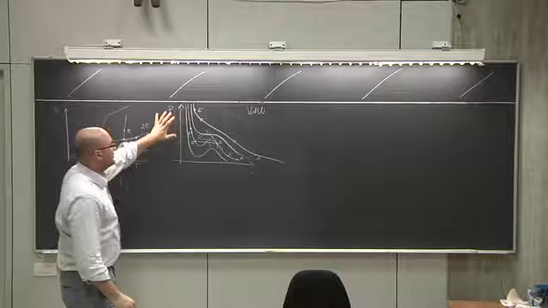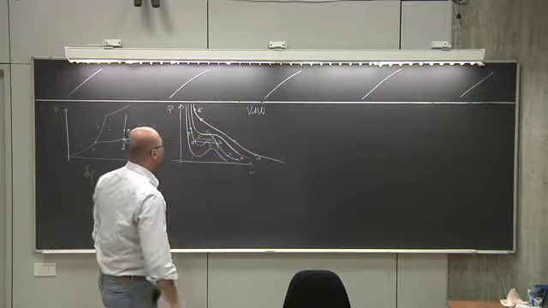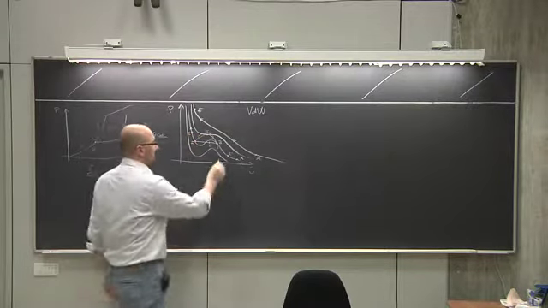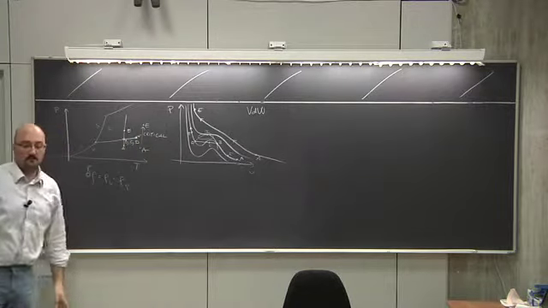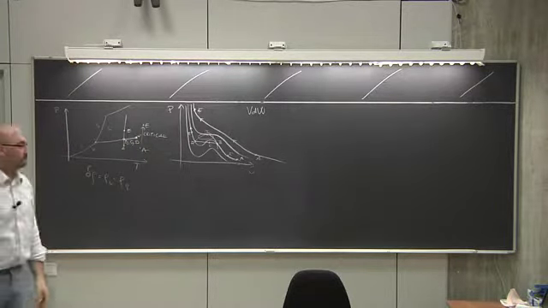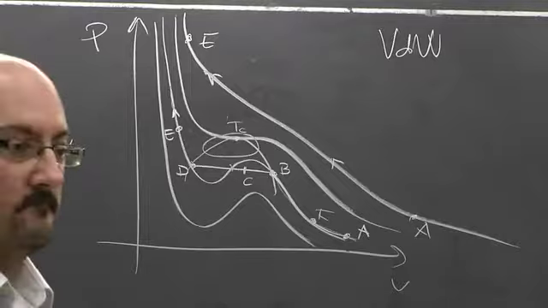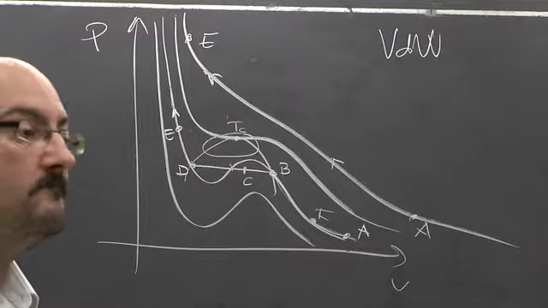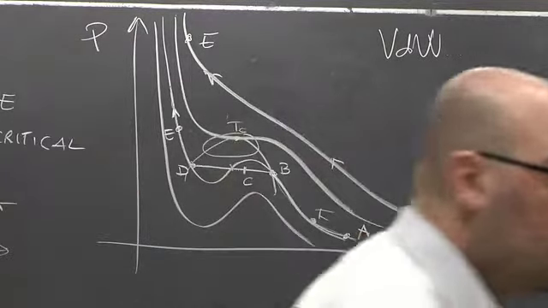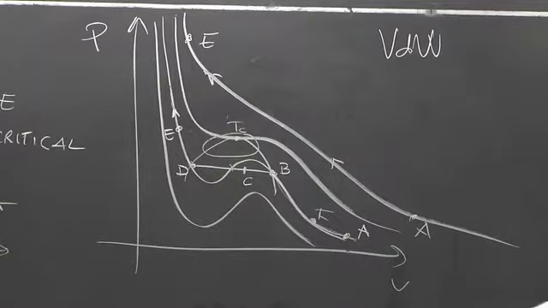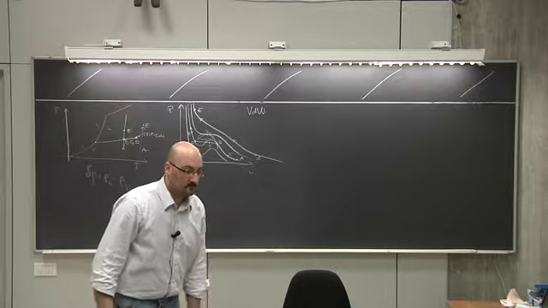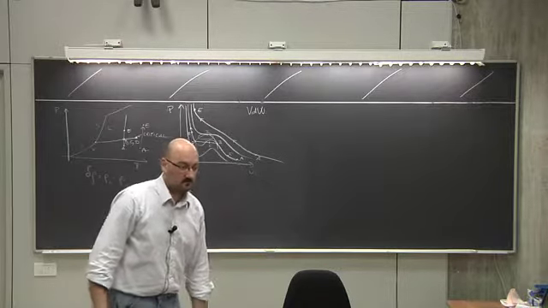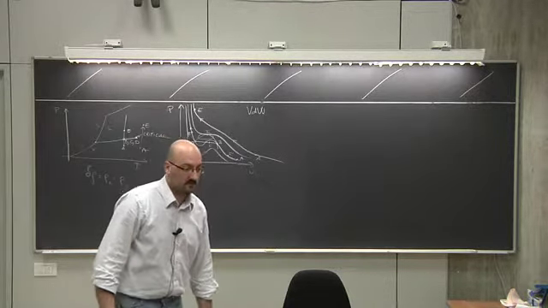So if I look at this curve here, how can I get the density of the liquid and the density of the gas, suppose we are at this temperature, this isothermal? PV is equal to RT. No, that's for the ideal gas, right?